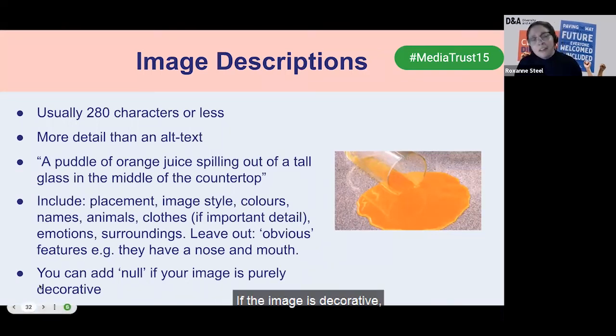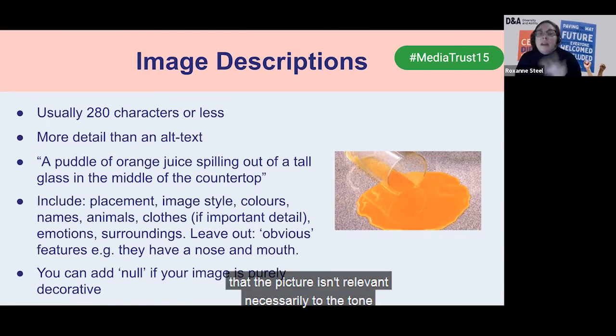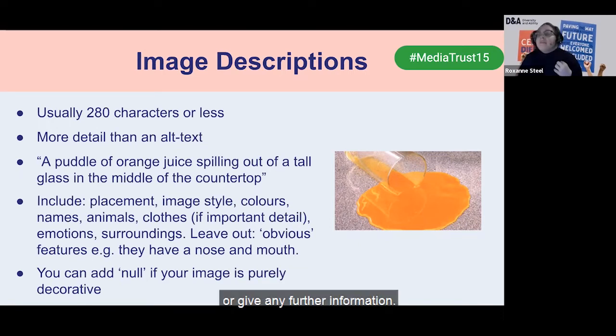If the image is decorative, we do recommend that you just add nil, which allows people to understand that the picture isn't relevant necessarily to the tone or give any further information.